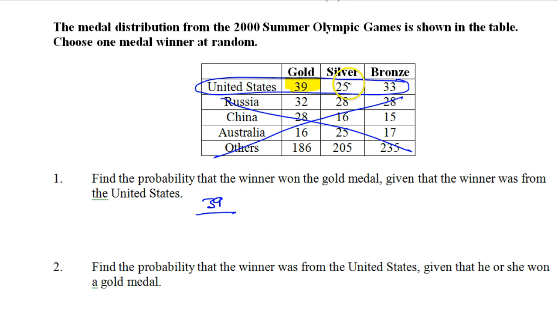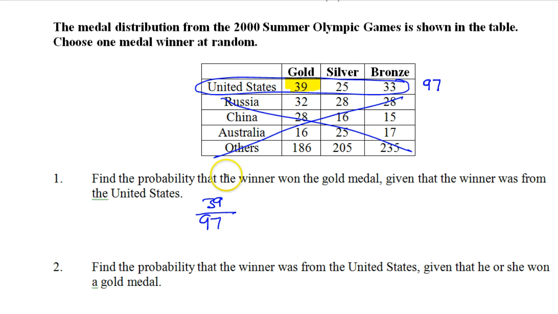And our total is going to be the sum of these three. So 39 plus 25 plus 33. I'm just going to put that in my calculator. That is equal to 97. So that's the total. So 39 divided by 97.